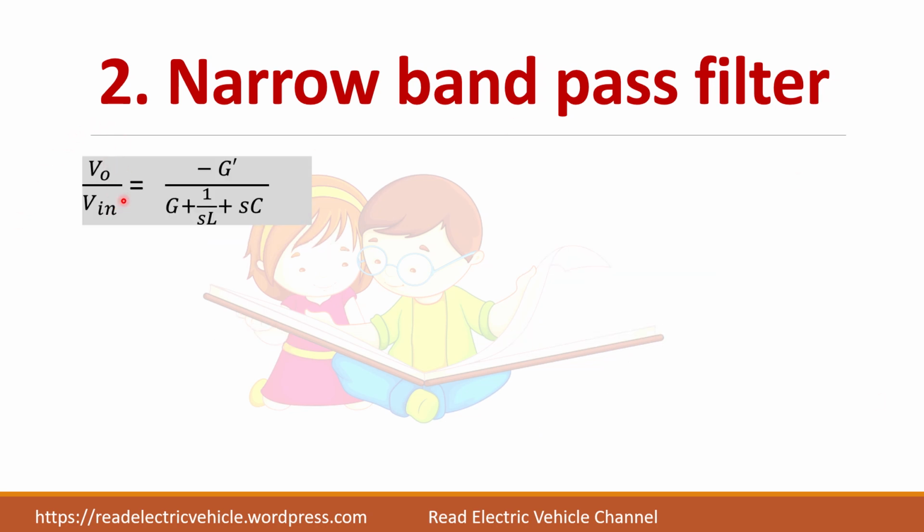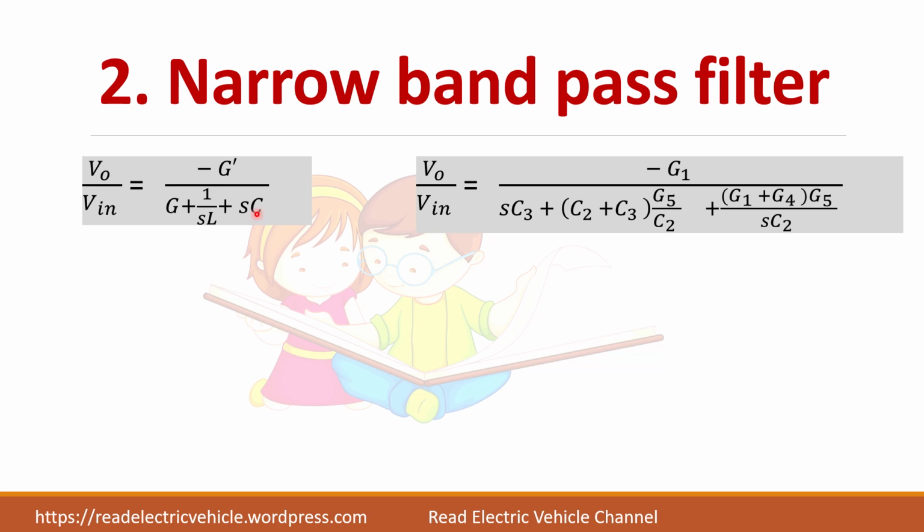Now we know V naught by Vn is this one, and this is for the parallel resonance circuit, and this is for the band pass filter. We have derived it. Now at resonance, XL is equal to XC, so these two parts get cancelled.